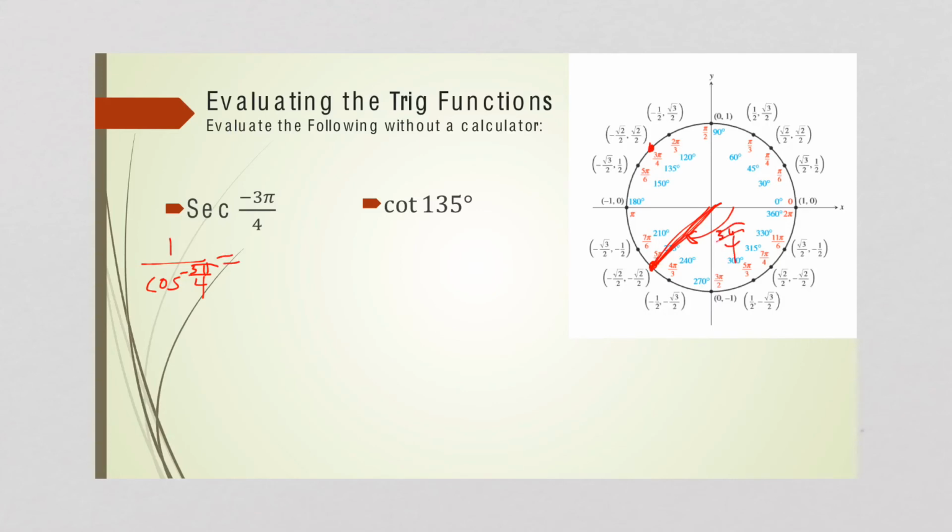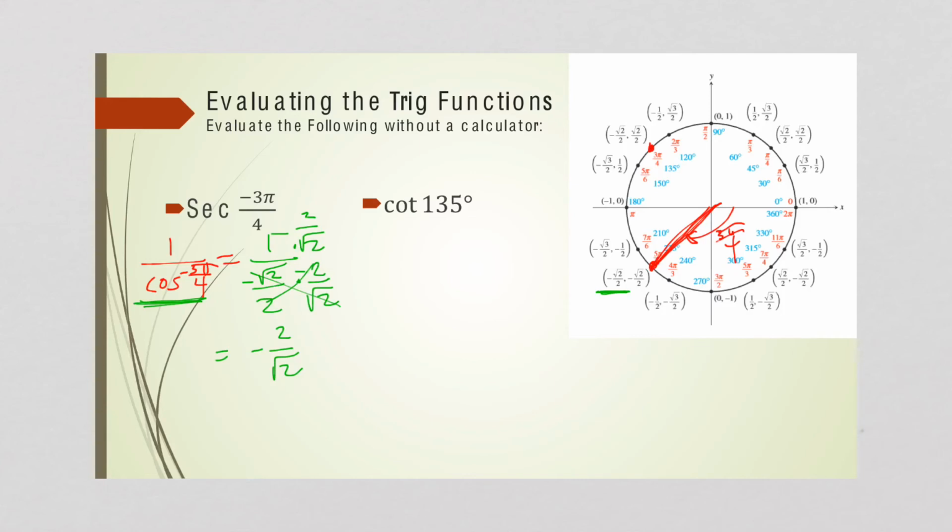But I'm talking about the cosine of negative 5 pi over 4. So the cosine is the x-coordinate in this case. So I end up with 1 over negative square root 2 over 2. Well, I have to multiply by the reciprocal. And that leaves me with negative 2 over the square root of 2.